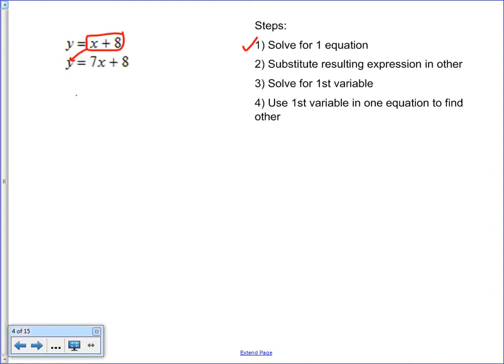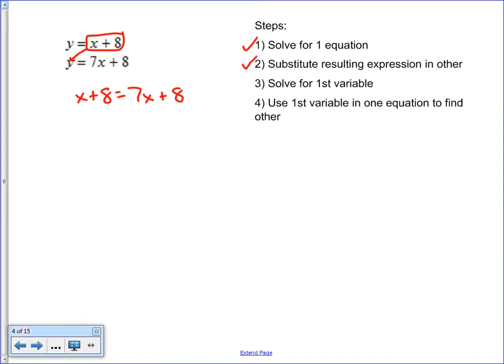However you do it, you're going to get x plus 8 equals 7x plus 8. You could have the left and the right side switched around depending on how you do it, but your problem will still work out.